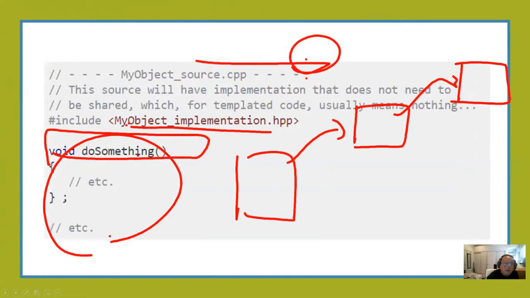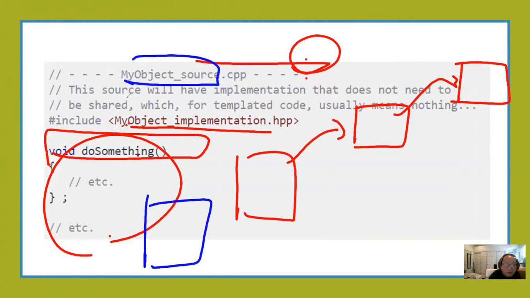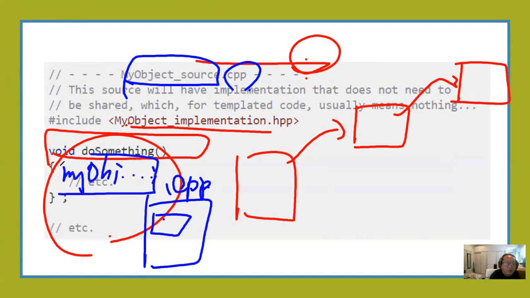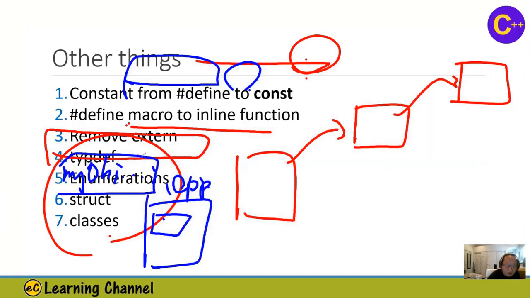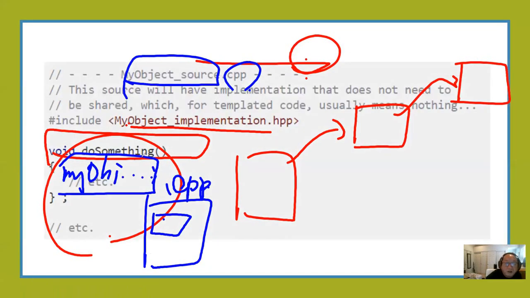So it may be included by my main function, my source. There will be another file called my object source.cpp. Actually, that is the .cpp file. In this one, you have a real class definition, say my object, that actually defines a real object, okay? Not my object by itself because it's a template type, so you can have my object of integer or something.